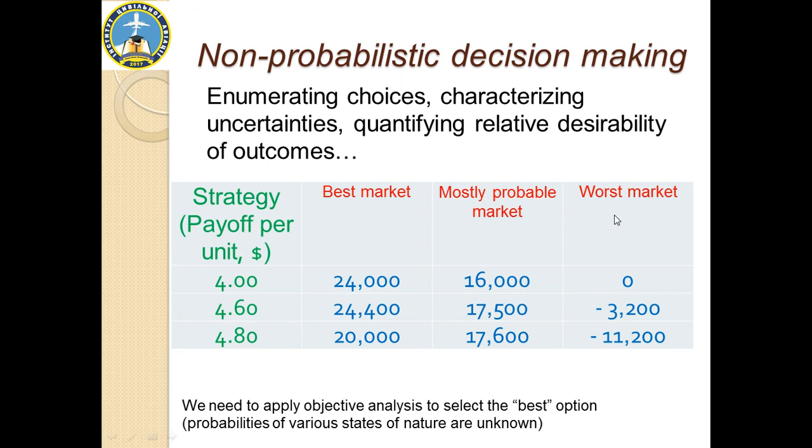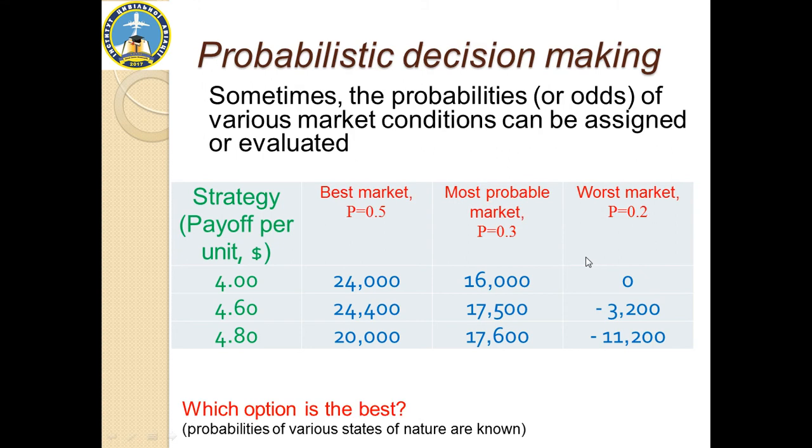We've considered this situation. Now we consider the next situation. We get additional information in the form of these probabilities. We get the new information. Sometimes the probabilities, we can call them odds, of various market conditions can be assigned or evaluated.